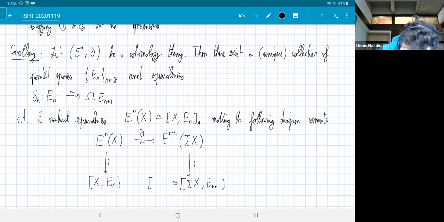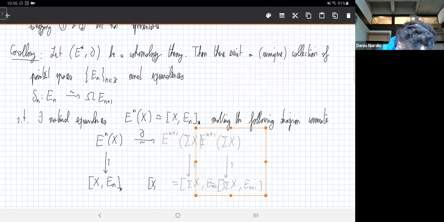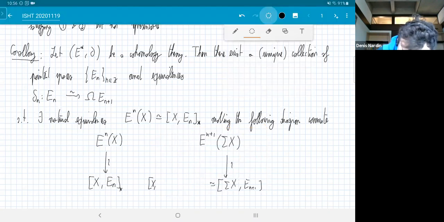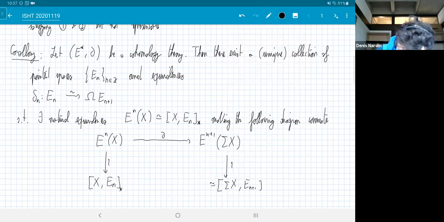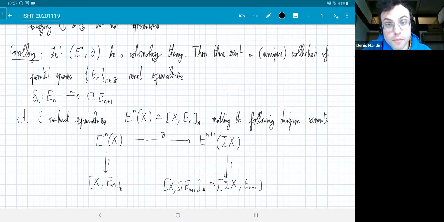Remember, these pointed maps, by the loop suspension adjunction that I briefly mentioned last time, are the same thing as homotopy classes of maps from X to omega of En plus 1.